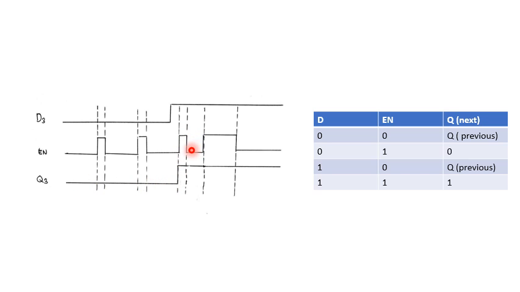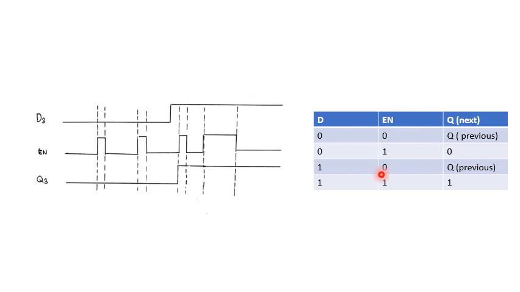On the third En, the value of En is 1 and the value of D is 1. So the answer will be 1. So here the En suddenly drops to 0. The D is equal to 1.